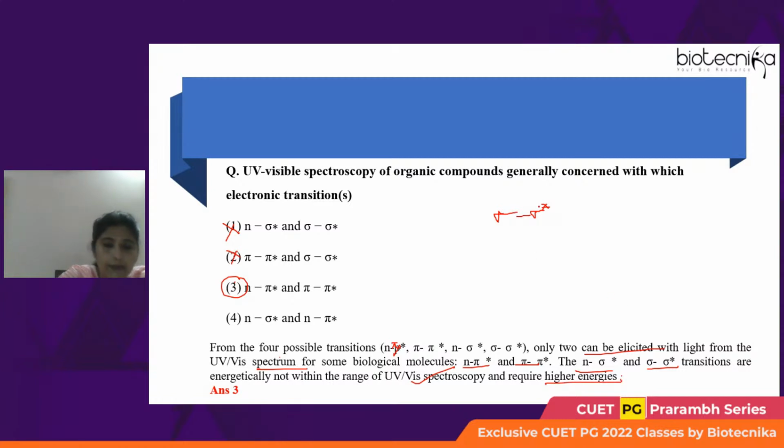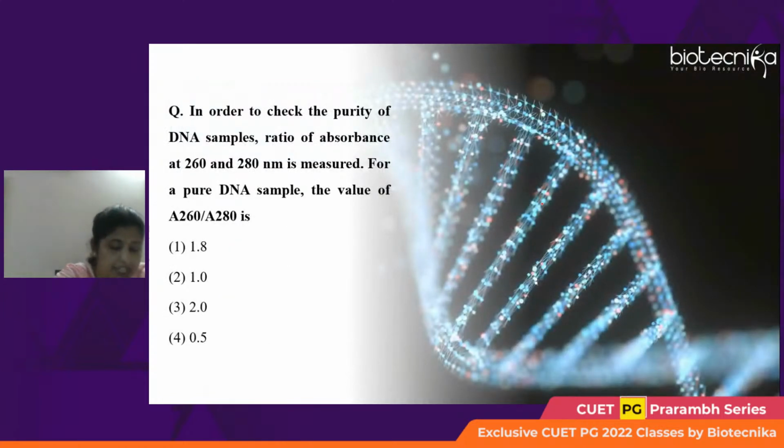And the last question is: in order to check the purity of a DNA sample, the ratio of absorbance at 260 by 280 nm is measured. For a pure DNA sample, the value of absorbance 260 by 280 is? Option 1, Chitra, Nishant, Anushri, Manvi.